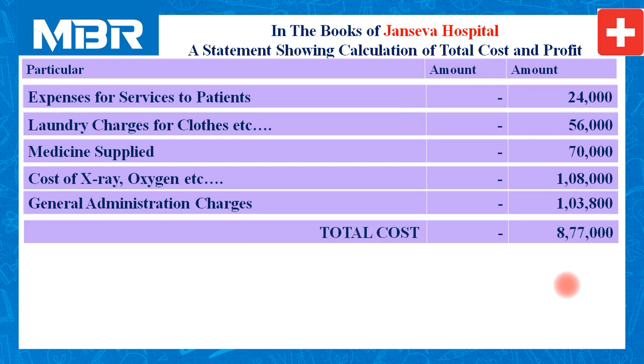So the total cost of Jan Seva Hospital for operating medical services is rupees 8,77,000.